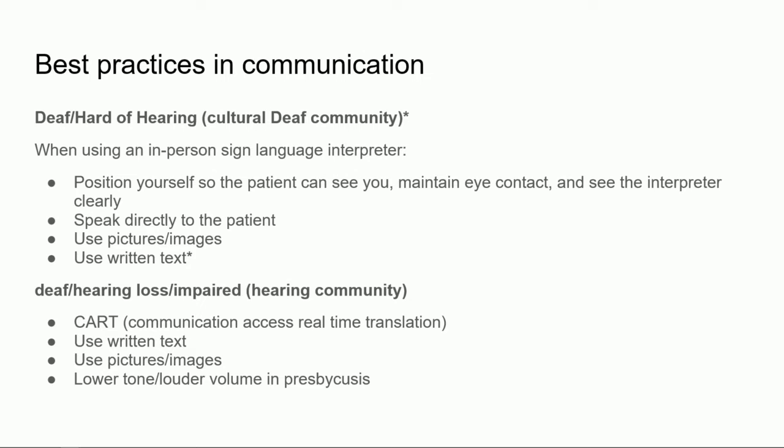And then the second group is our oral hearing community, our oral deaf community. And I put the word impaired on there for a second. I'll talk about that. But this is a group of people who do use speech and lip reading and things like real-time translation. We always have closed captioning in our presentations, and as you noticed, we do not have them set up here, but that is a problem with the technology that we are still struggling with to try to break through.